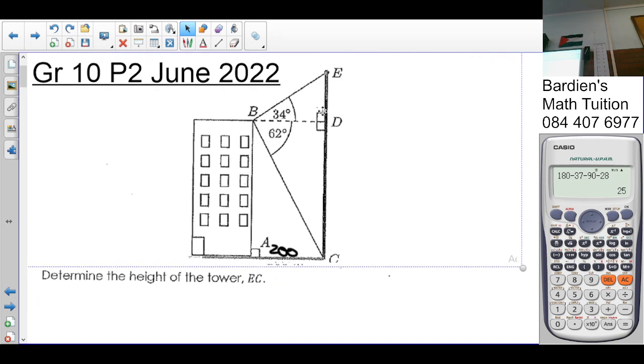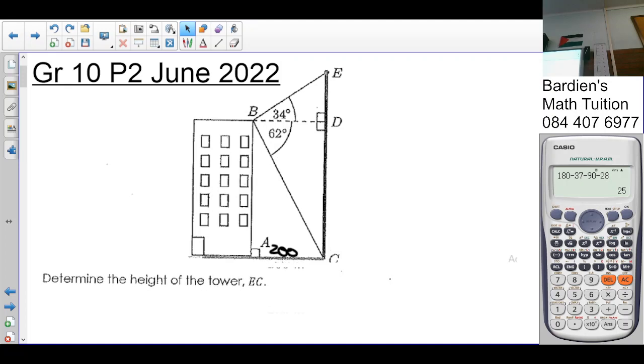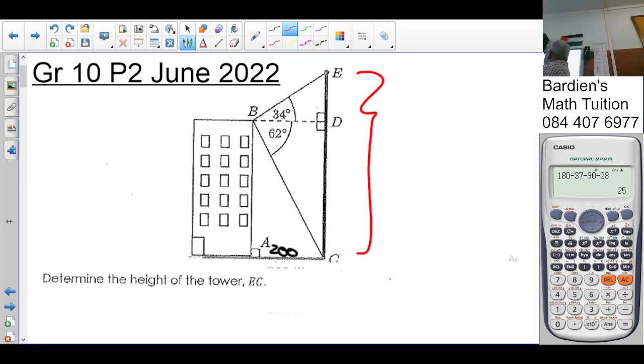Right. So everything they spoke about, of course, is on the diagram. The question says determine the height of the tower EC. So in other words, I'm going to calculate this whole length. But that is not in a right angle triangle.